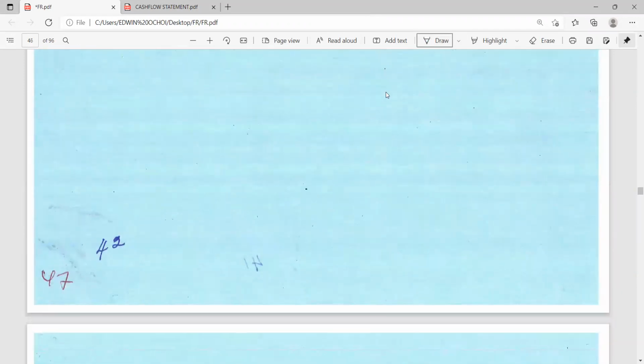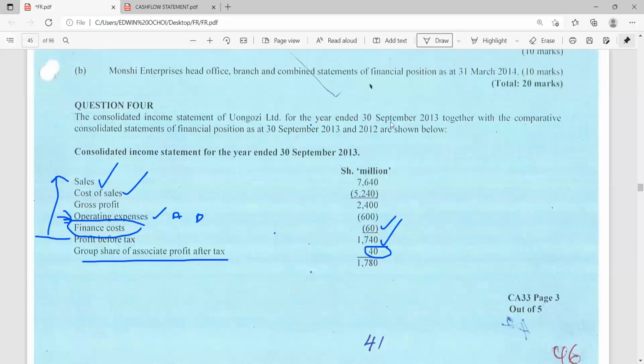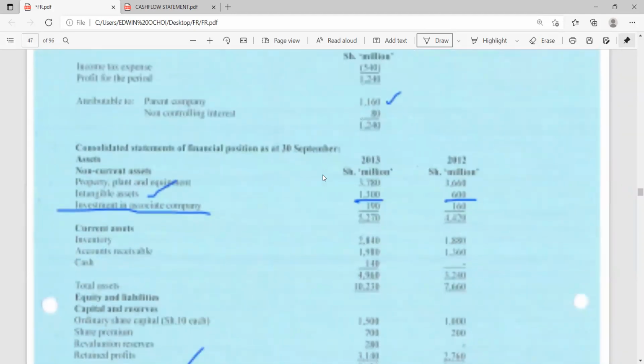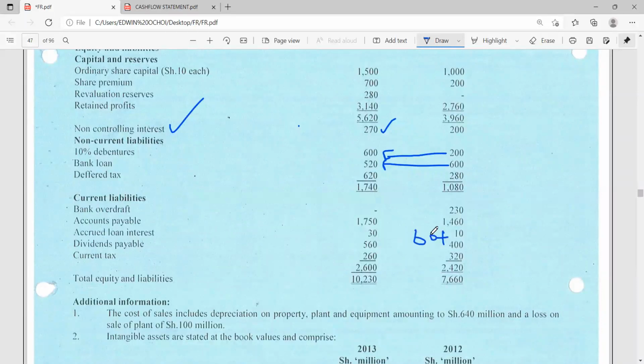Finance cost is all about interest items they were supposed to pay. So finance cost is from the income statement, the 60. So 10 plus 60 is 70.